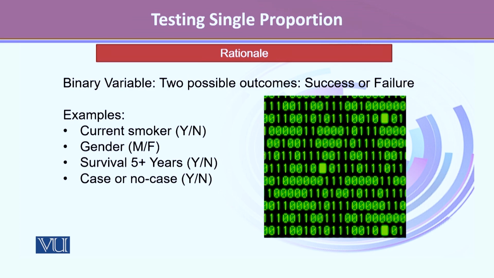Binary variables are variables that have two possible outcomes. It could be success or failure.